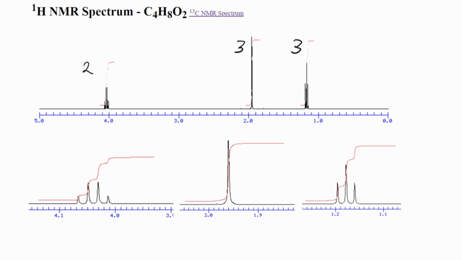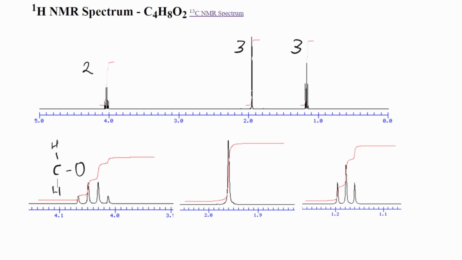We can see that that peak expands into 4 others. So this is going to be a carbon with 2 hydrogens attached because we said it has an integral of 2, and also an oxygen, which is the electron withdrawing group that is shifting this peak position out to about 4.